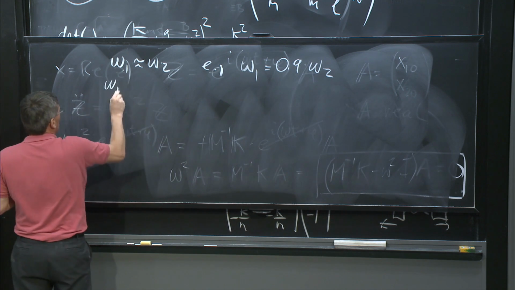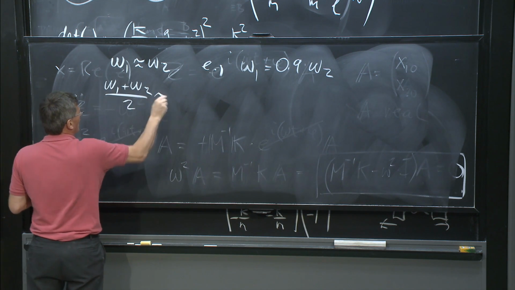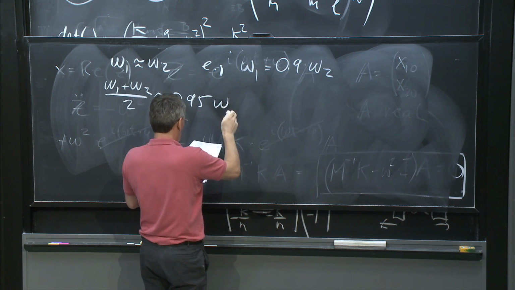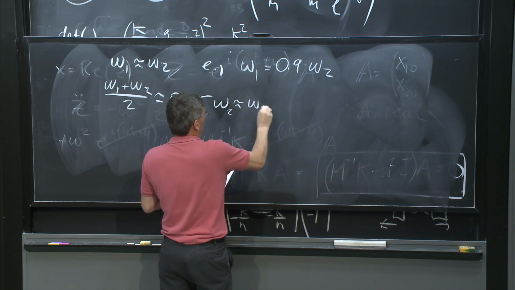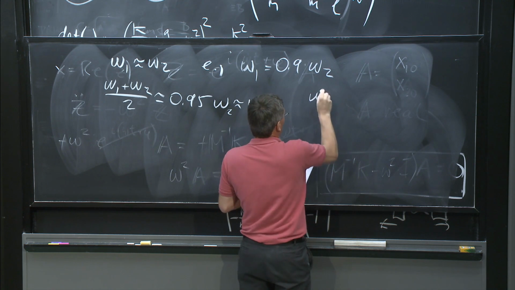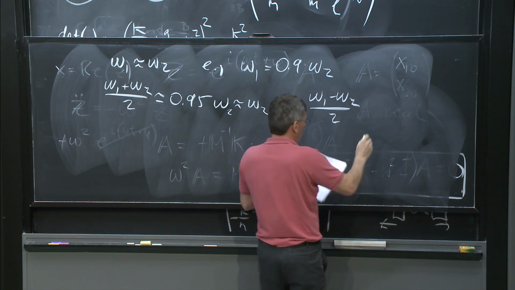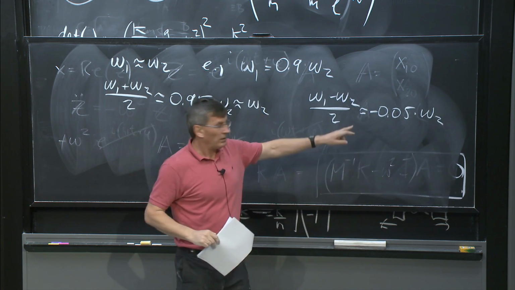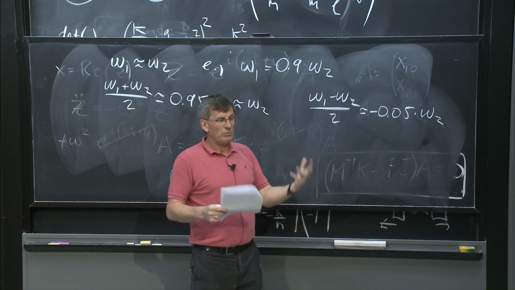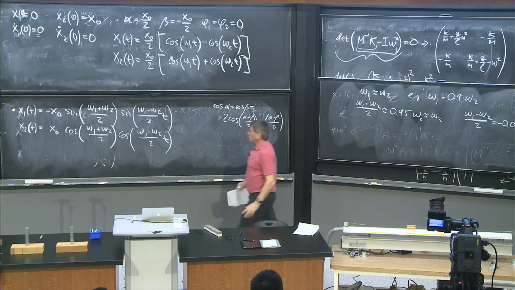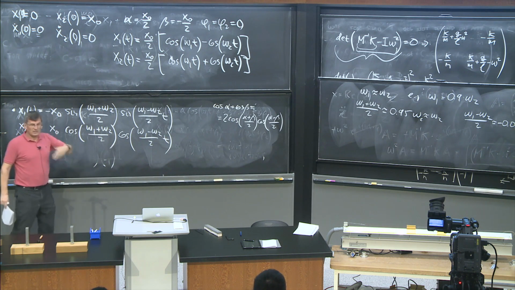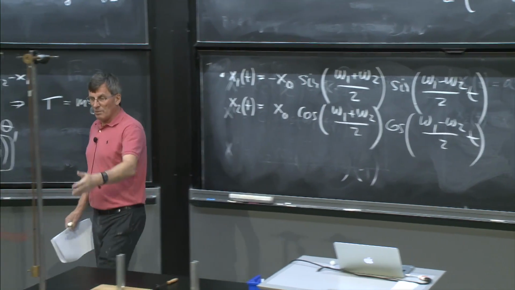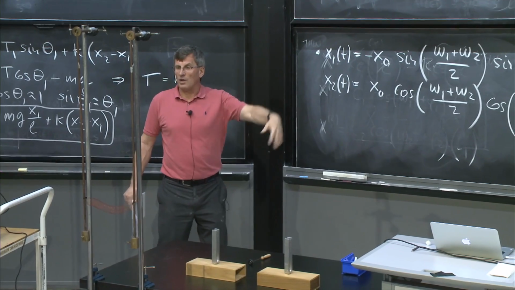Then (omega 1 plus omega 2) divided by 2 will be about 0.95 omega 2, which is approximately equal to omega 1 or omega 2. And (omega 1 minus omega 2) divided by 2 will be about minus 0.05 times omega 2, much, much smaller than that. So this term basically oscillates at the frequency of an individual pendulum, and the other term is much, much smaller.